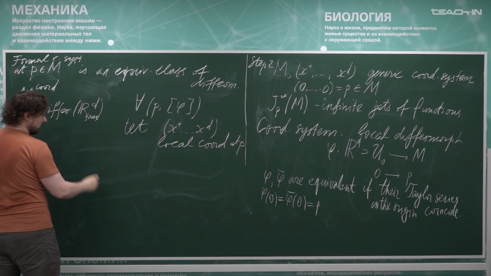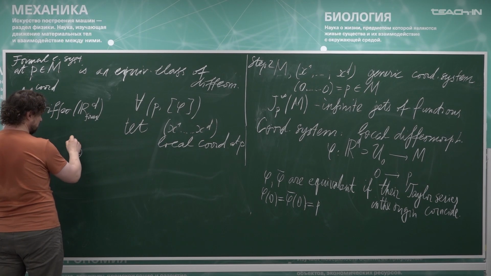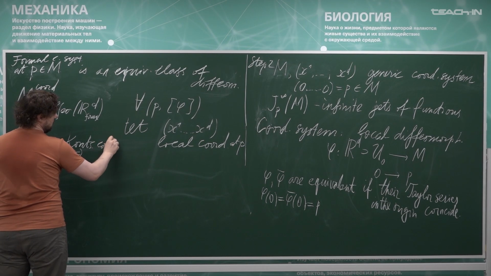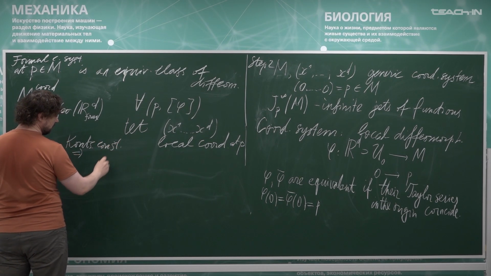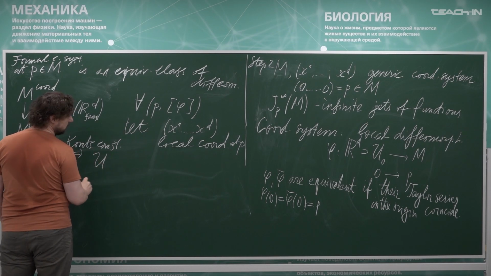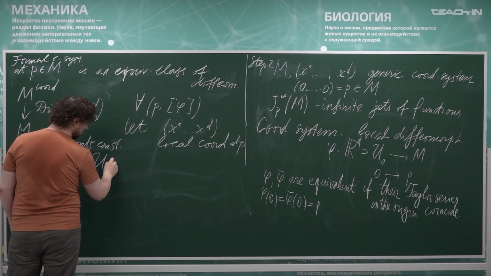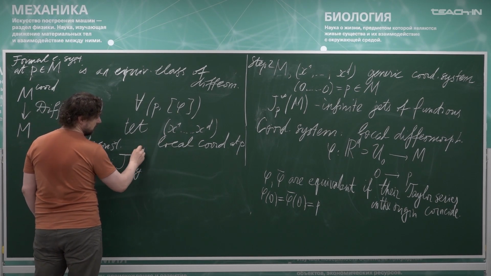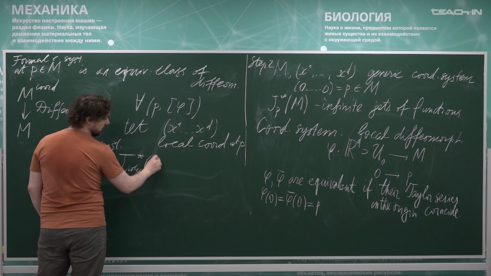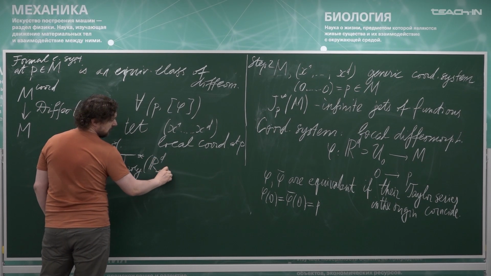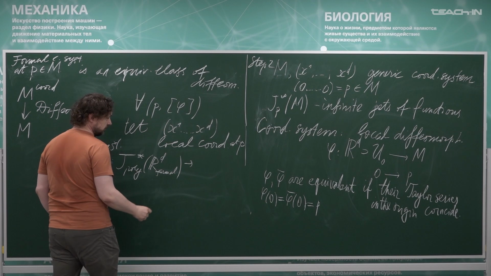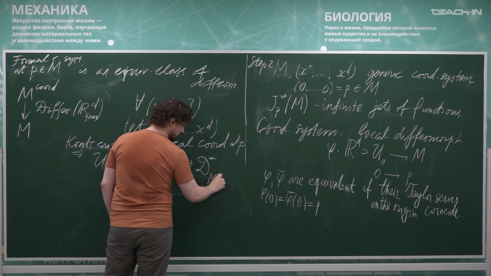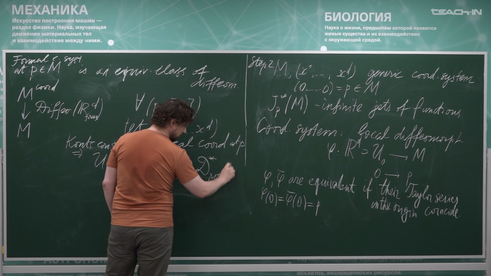And hence we have, by the formal Kontsevich construction, a map U from T poly of Rd formal to D poly of Rd formal.